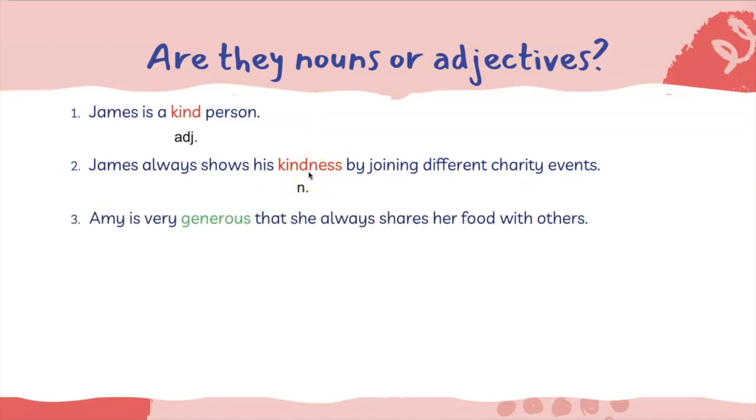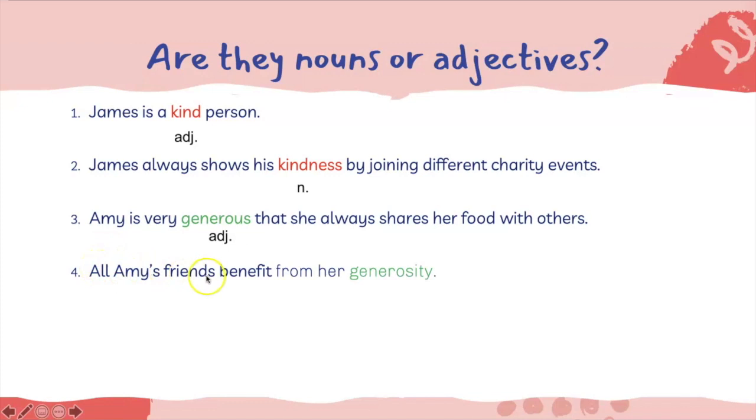Number 3. Amy is very generous that she always shares her food with others. Is the word generous a noun or an adjective? Yes, you're right. It is an adjective. We use generous to describe Amy. Number 4.